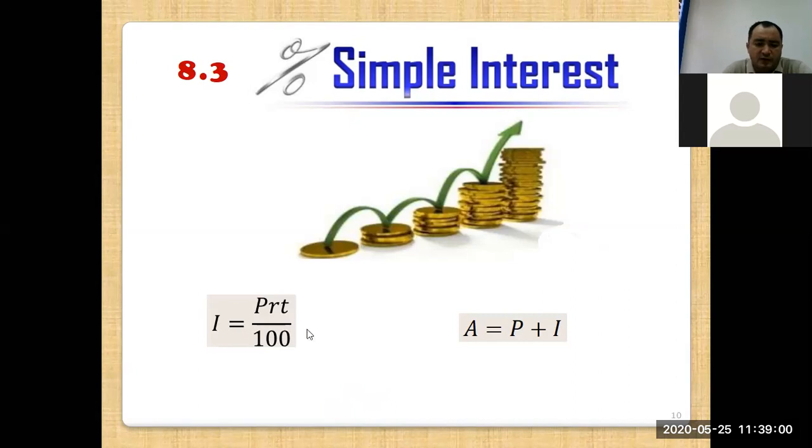Simple interest is calculated using this formula: PRT over 100. P is the principal, the capital, R is the rate, and T is the time. If you ask how we get this formula, it is very simple, and I'll explain this. Amount means how much money you have in your balance by the end of a certain period of time.